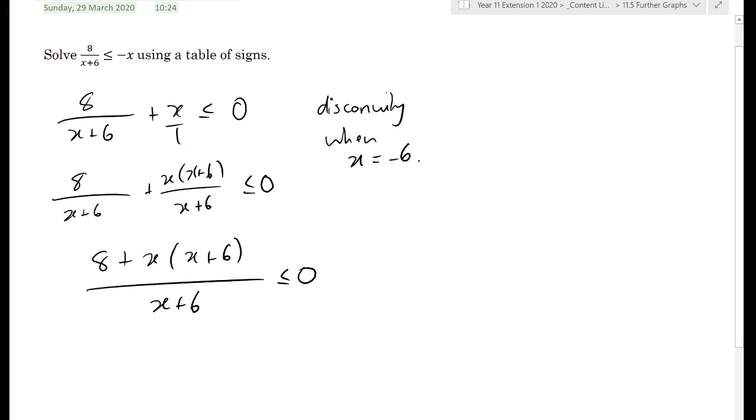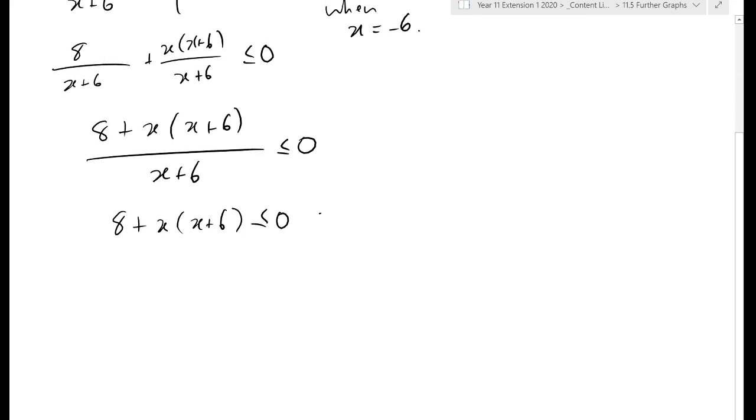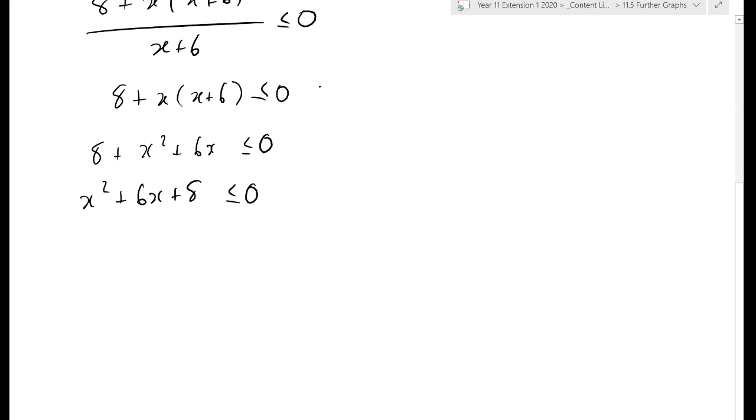Okay, multiply both sides by x plus 6 now, and you just get 8 plus x lots of x plus 6 is less than or equal to 0. You can just remove that because you literally can just times both sides by x plus 6. 0 times anything is just 0 anyway. Expanding that side out, we get 8 plus x squared plus 6x, which is less than or equal to 0. I'm going to rewrite this as x squared plus 6x plus 8 is less than or equal to 0, because now we can factorize it, and it's quite an easy one.